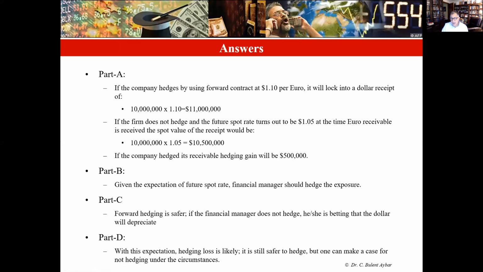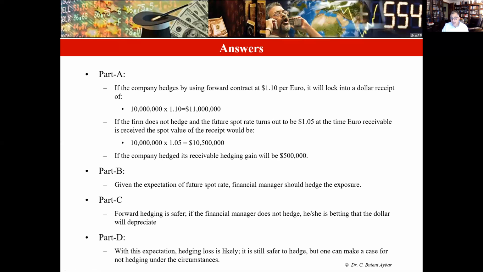But even with this expectation, leaving 10 million euros unhedged is quite risky, because regardless of what your future expectation is, that is just the mean of a possible range of outcomes.